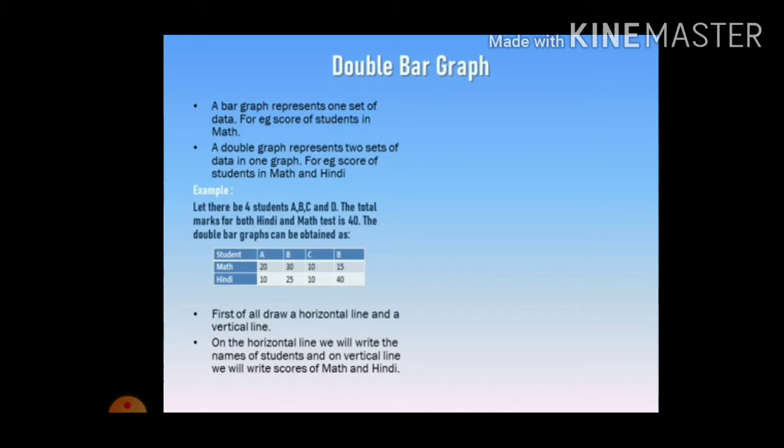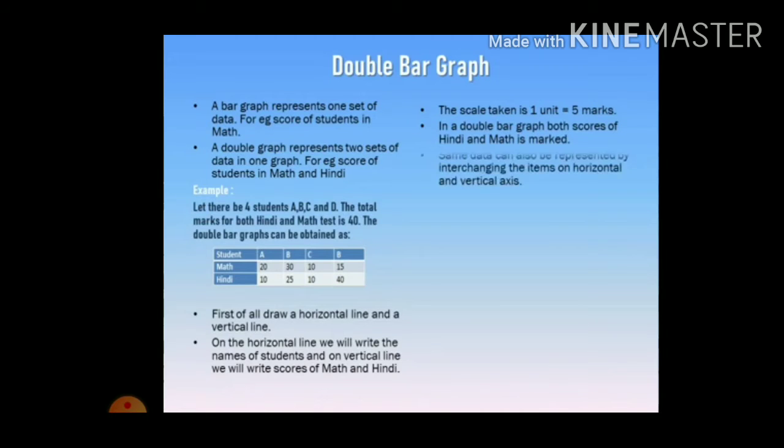On the other hand, if we want, we can do just the opposite also. But in this case, we'll do in this manner. Next, we'll determine the scale. So in this case, we have taken 1 unit as 5 marks, right? So according to the highest and the lowest mark, you can determine how many marks you can represent for 1 unit.